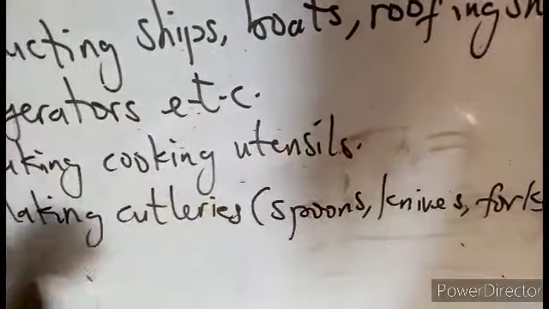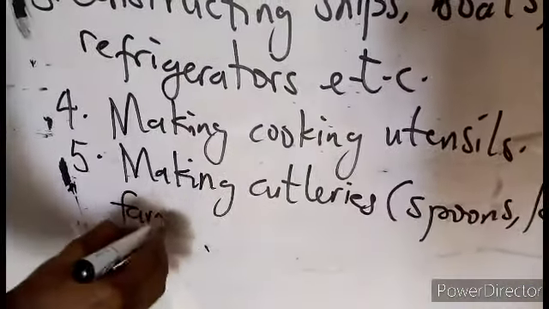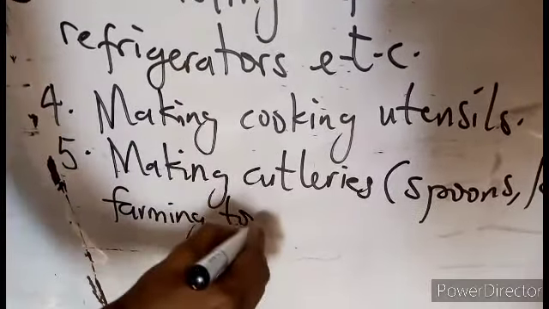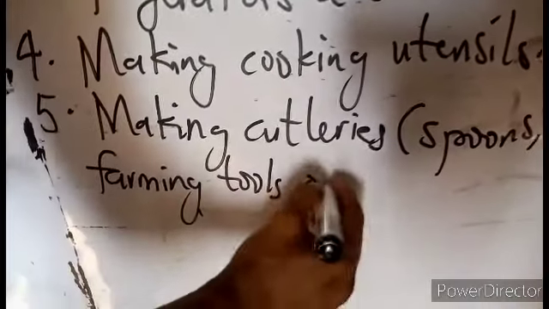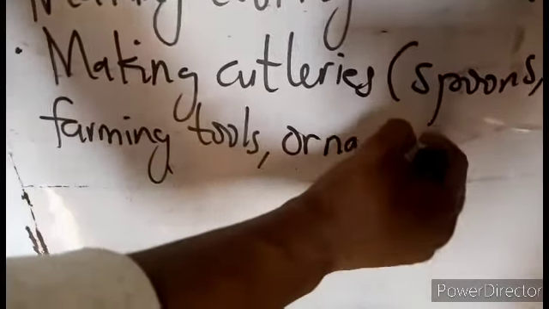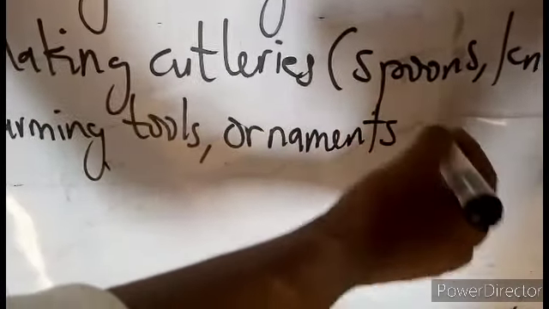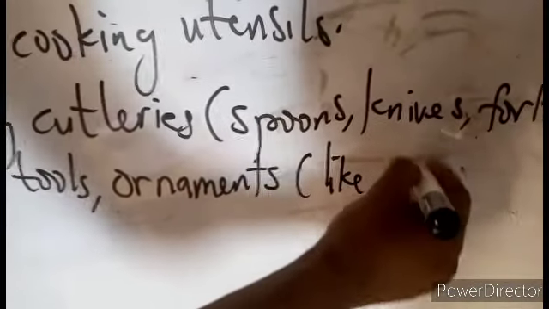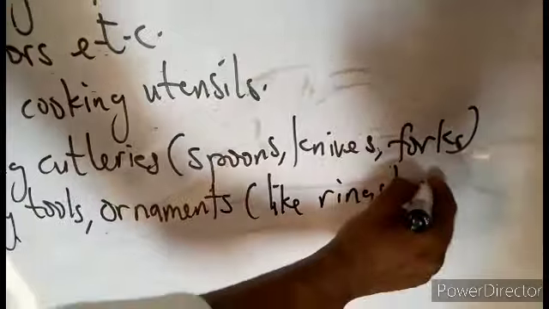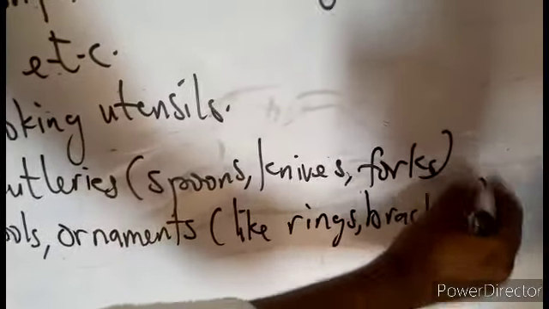Also we can use this for making farm tools, and some things like ornaments. Metals are used for making ornaments. That is what you wear on your body. Let me just give examples. Ornaments like rings, bracelets, and so on.